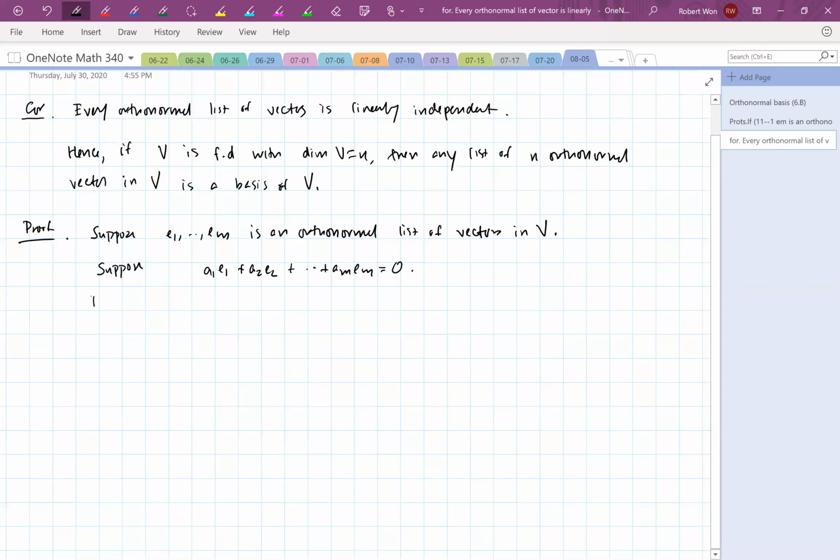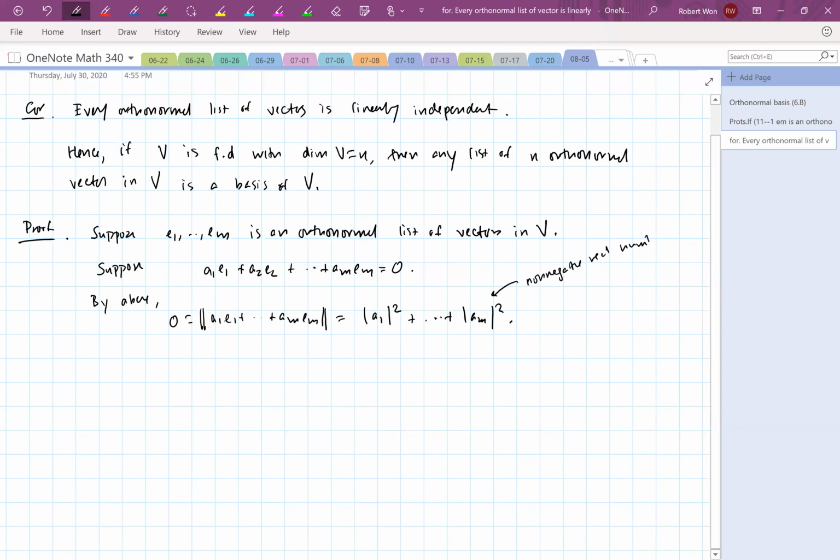But by the above, we know what the norm of this is. The norm of this, which by the way is the norm of the 0 vector, which has norm 0, is just the sum of the squares of the absolute values of the coefficients. So each of these is a non-negative real number, because the absolute value of a complex number or of a real number is a non-negative real number.